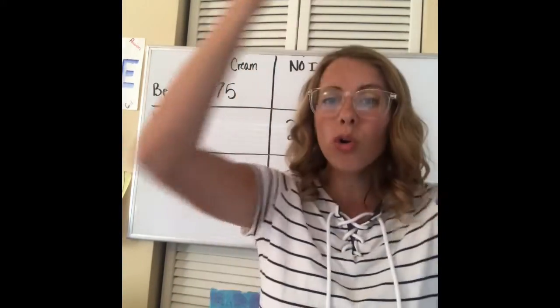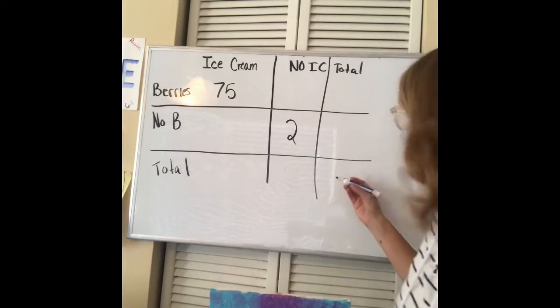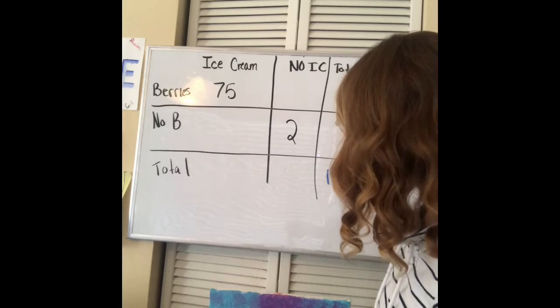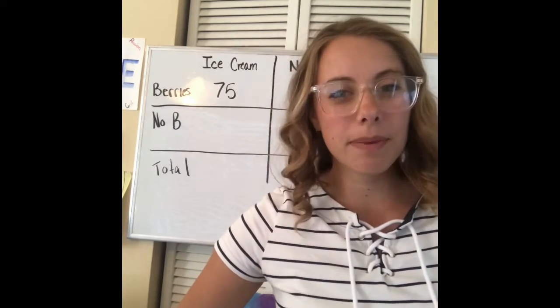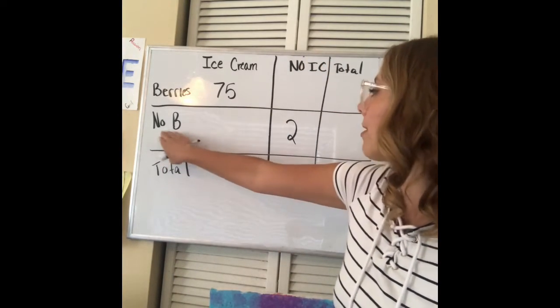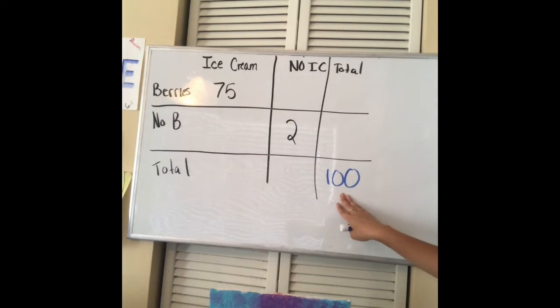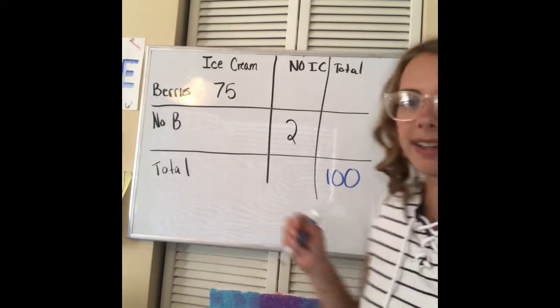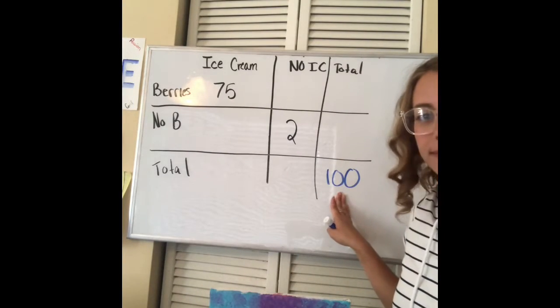So the total of people surveyed is 100. And only 10% of the people he surveyed didn't like strawberries. So we're talking about not liking strawberries. Of the people he surveyed, people who don't like strawberries, 10% of 100 is 10.